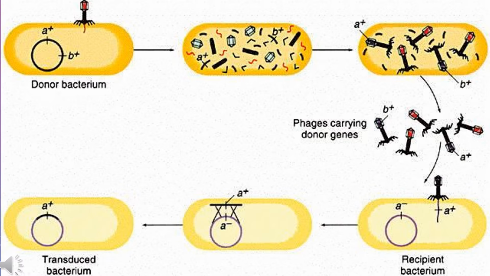So to fully understand what happens during generalized transduction, it starts with the bacterial cell that we call the donor cell. And we all know that a bacterial cell contains its own genome. And in this case, it contains two genes, the A plus gene and the B plus gene.